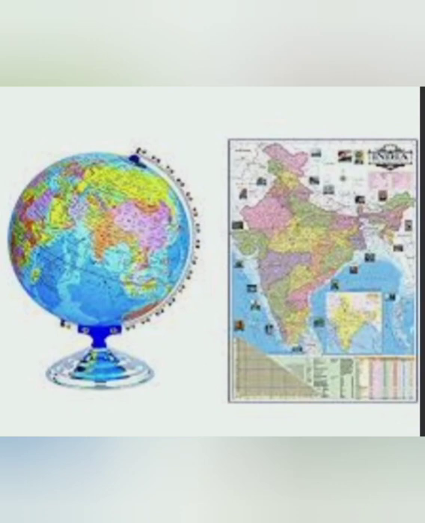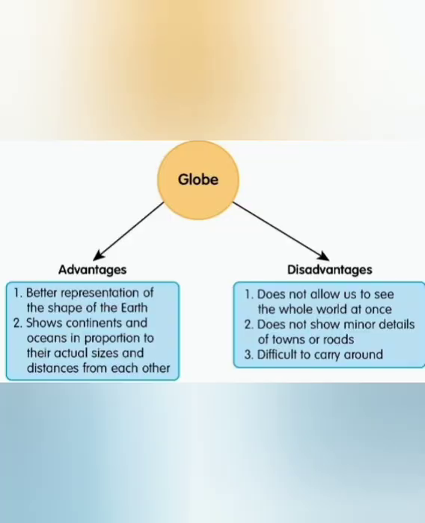Now, what are some advantages and disadvantages of a globe or a map? So, children, there are many advantages and disadvantages of a globe and a map. Let's see in detail. Advantages: better representation of the shape of the earth, shows continents and oceans in proportion to their actual sizes and distances from each other.